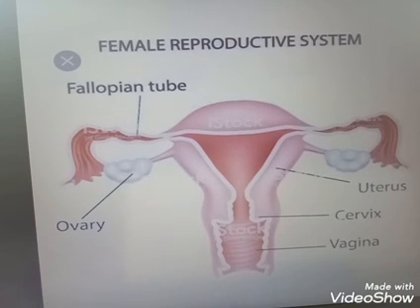The uterus opens into an elastic muscular tube, that is the vagina. It extends from the cervix to the outside of the body.